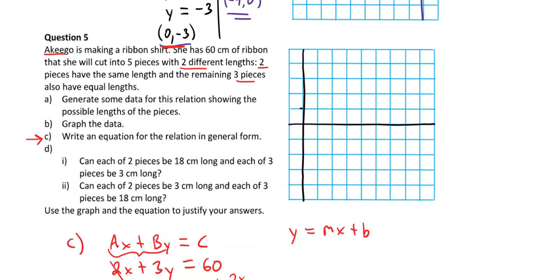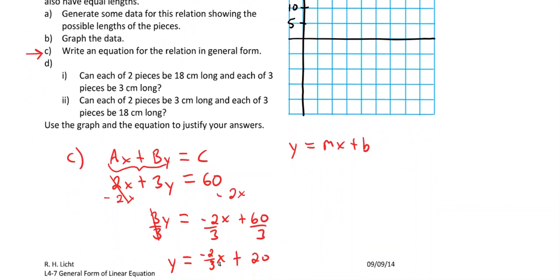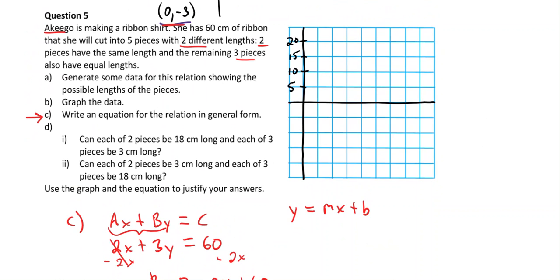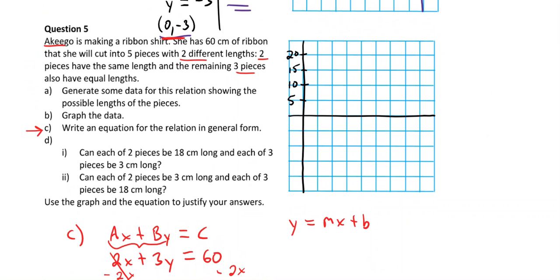Let's make our graph go up by tens maybe. So 10, 20, 30. Or you know what? Even 5s. That'll make it look better. 5, 10, 15, 20. Okay. So we know that this thing starts here. So we got a point there.